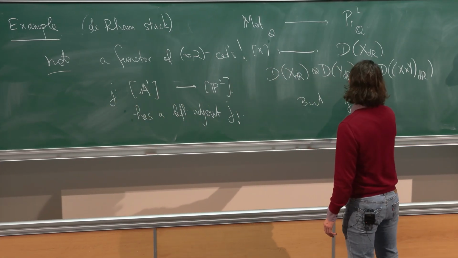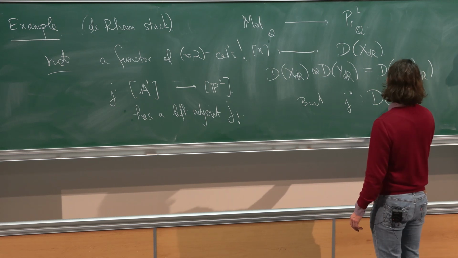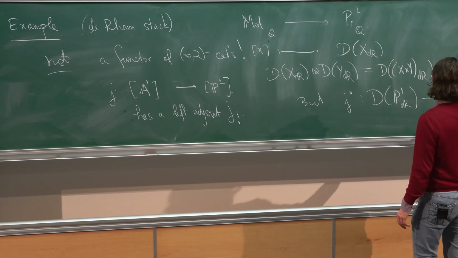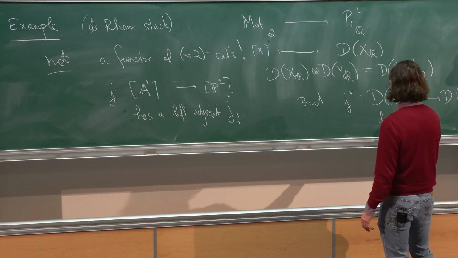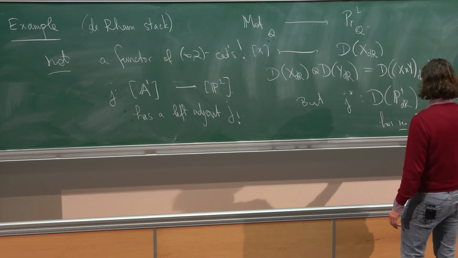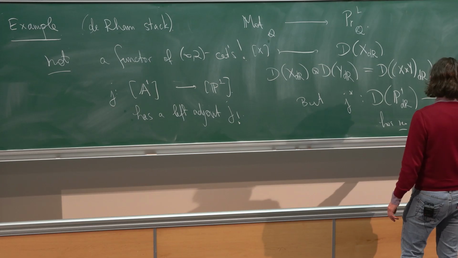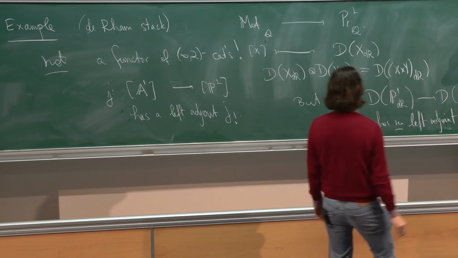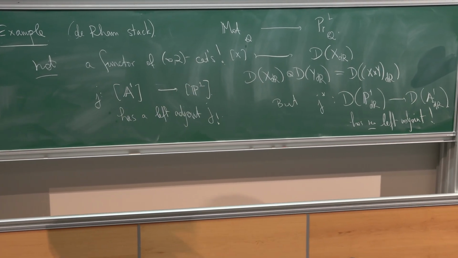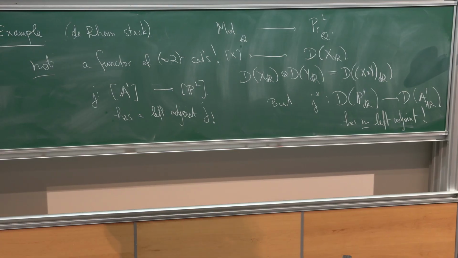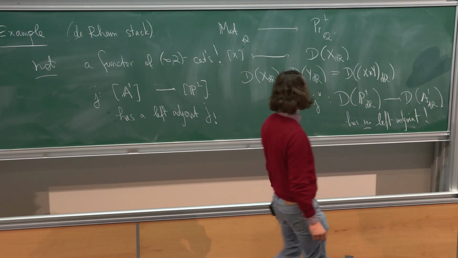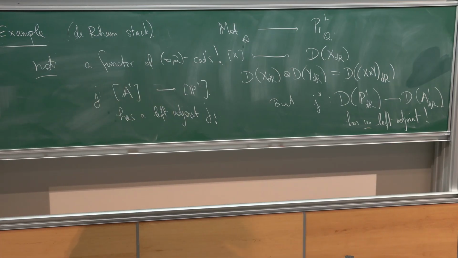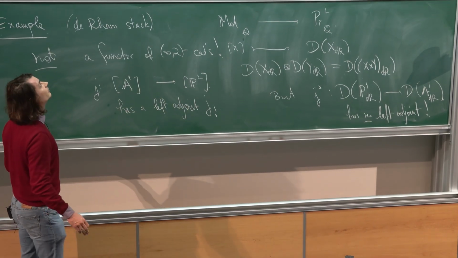But j upper star from the derived category of P1 de Rham to the derived category of A1 de Rham does not have a left adjoint. If it had a left adjoint, it must commute with limits. But here we were just algebraically inverting a function, and this doesn't commute with any infinite limits. So this is not a realization.